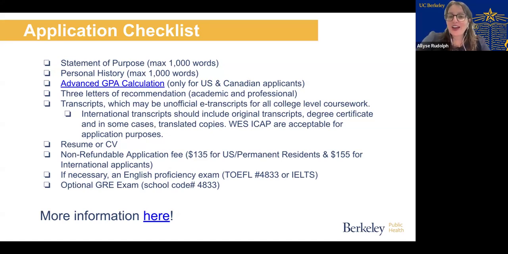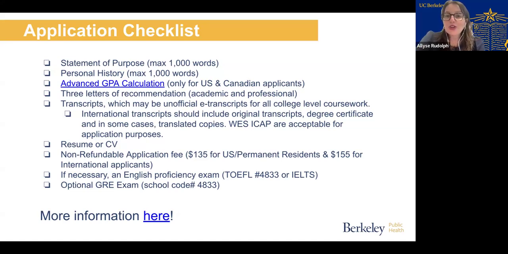The reason being, we feel that your advanced GPA, which again looks at everything after your first 2 years, tends to be favorable for applicants because we understand that those first few years of undergrad are an adjustment period. You're learning how to study, all of those things. So we prefer to look at your advanced GPA, and we do have a calculator that's linked here in this presentation that you can use to determine what your advanced GPA is.